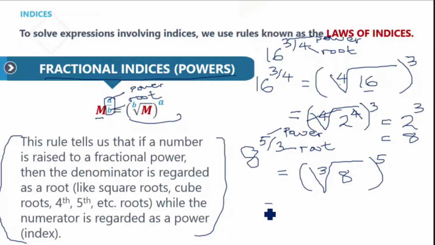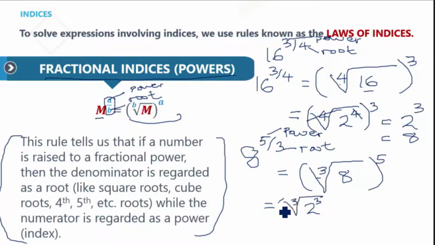For what is in the bracket, we're going to look for a number that we multiply 3 times to give us 8. And what is that number? 2 raised to the power 3 is the same thing as 8. If you want to cancel out the root, whatever you have as the power here must be the same.